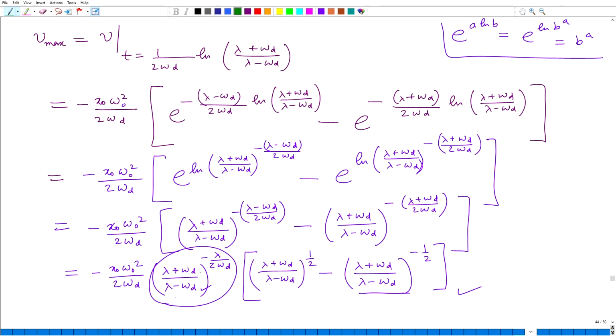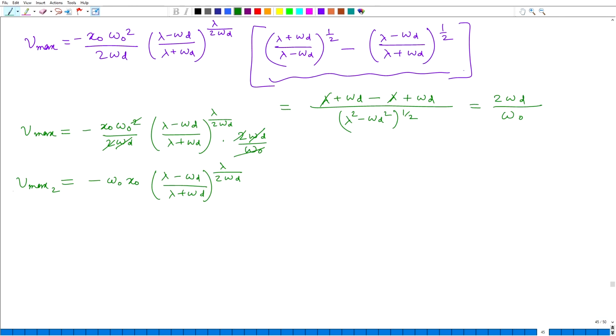So, if I again take the modulus of this, you will have this, and then the chi which I want to determine for this problem is equal to V max 2 by V max 1, of course, in the modulus, okay, and then it will simply be equal to, so this part, if you take the mod, is nothing but V max 1.